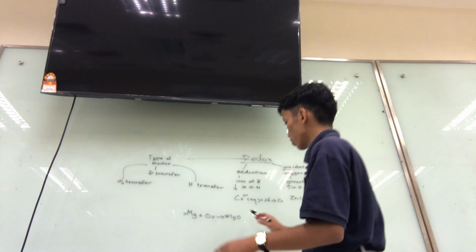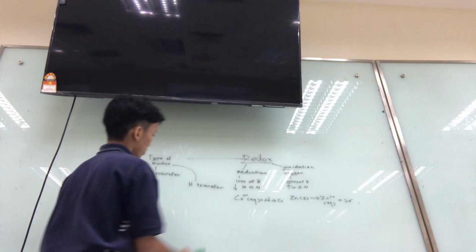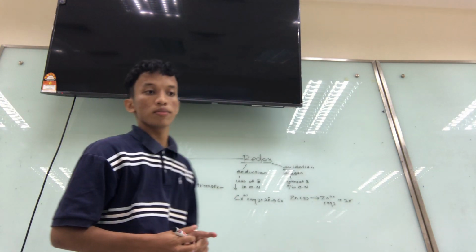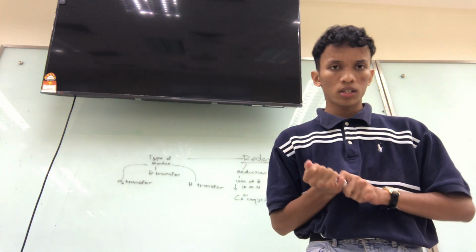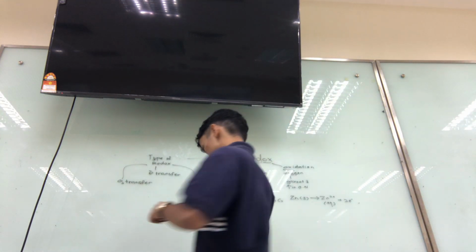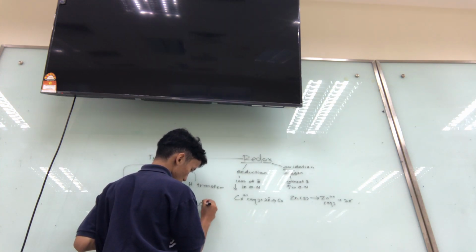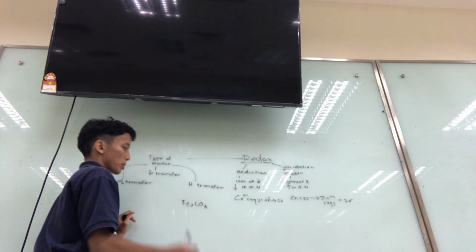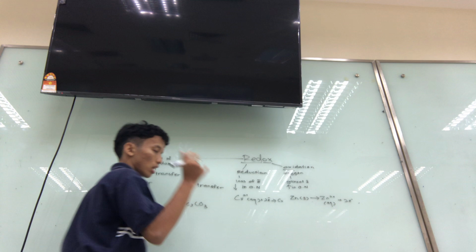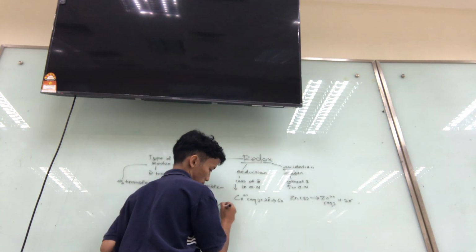We move into our next type of redox, which is, for me, the easy one, the oxygen transfer. What is the meaning of oxygen transfer? I will take iron 3 oxide plus carbon monoxide.